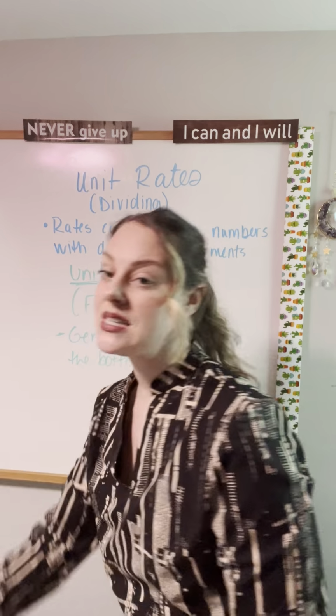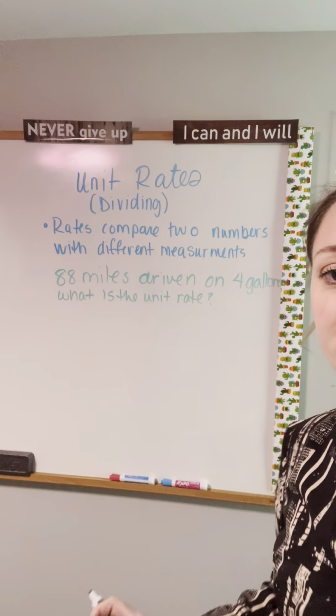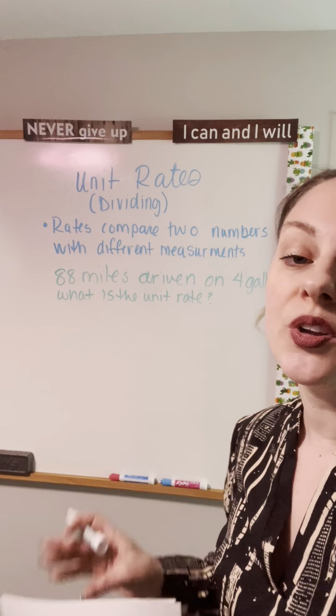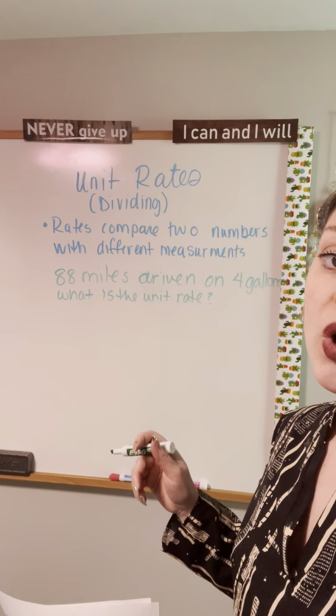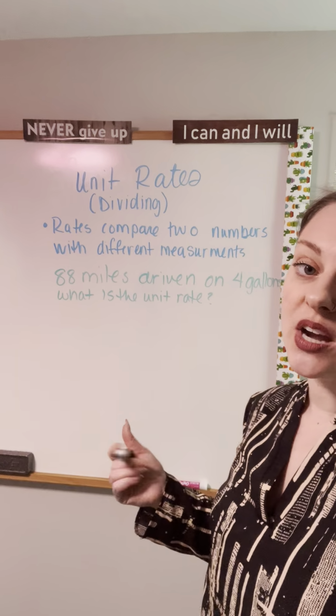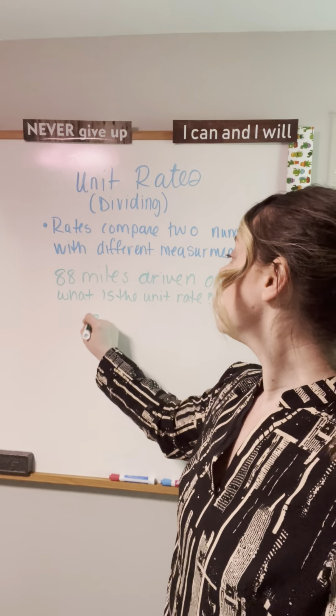All right, so for example, for our first question, your car drives 88 miles, or there's 88 miles driven on 4 gallons of gasoline. What is the unit rate? So I would set it up as a fraction. This is just how I do it. I would set up 88 miles.